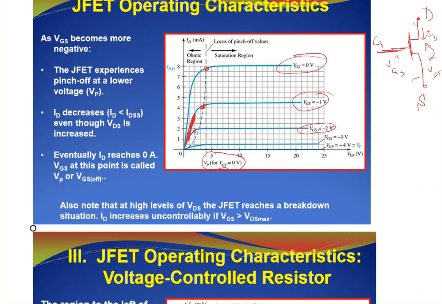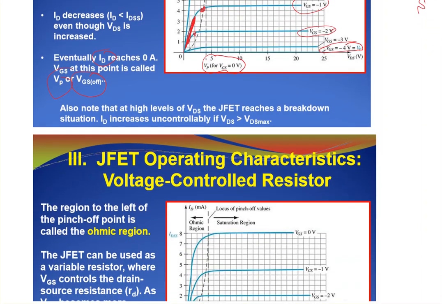For VGS equal to -4, and this is interesting, we find that for this transistor, the current ID is equal to 0. So eventually ID reaches 0 when VGS is at this point, called VP, or what we call VGS off. That would make it not operate properly.